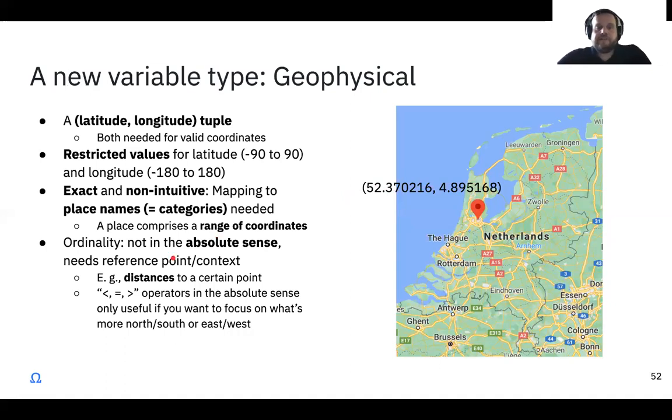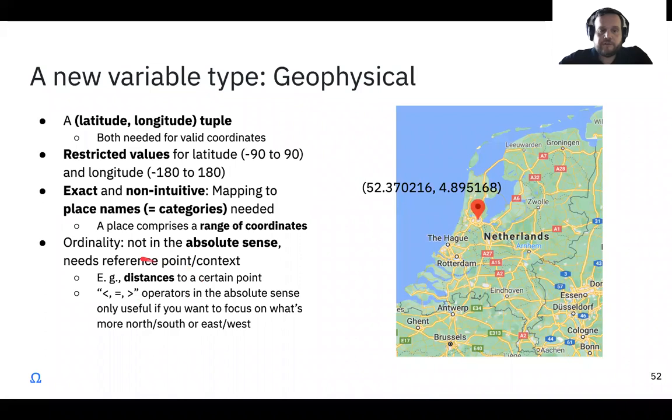In the absolute sense, geophysical data is not really ordinal. Comparing these tuples with less, equal or greater operators is not that useful, because that's only useful if you want to focus on what's more north or south or east or west, which is a very niche thing.